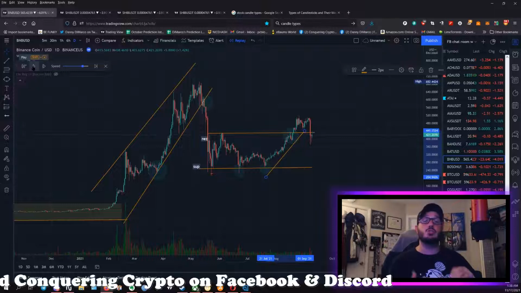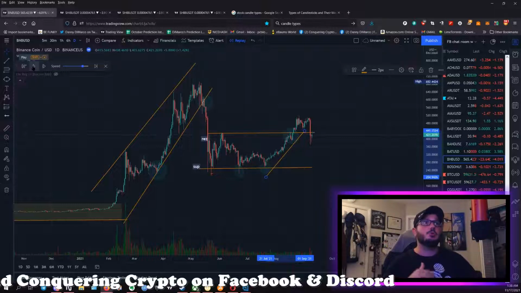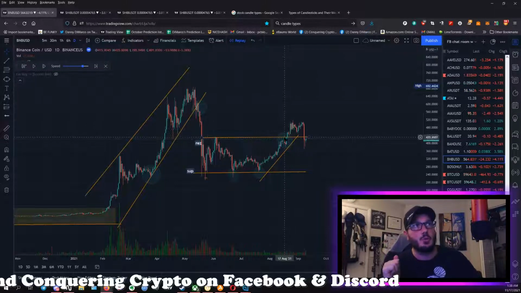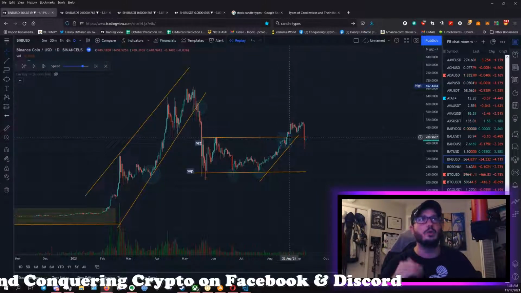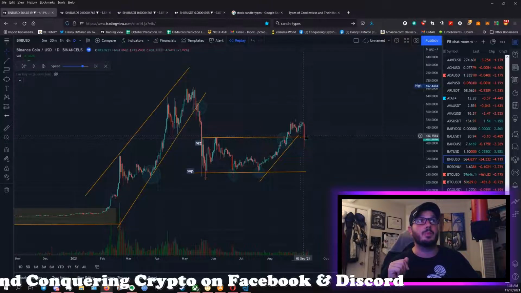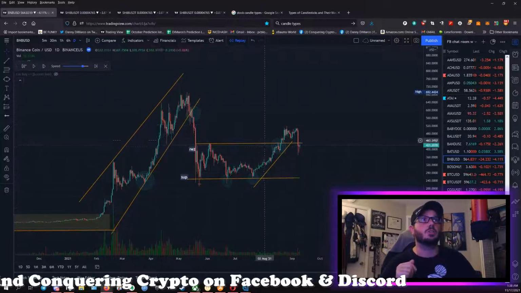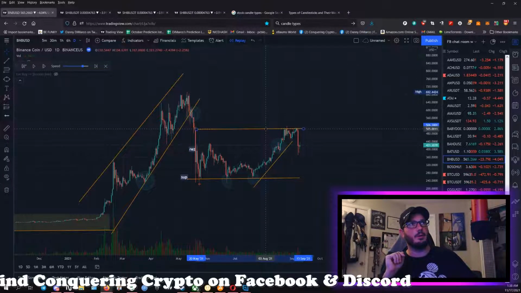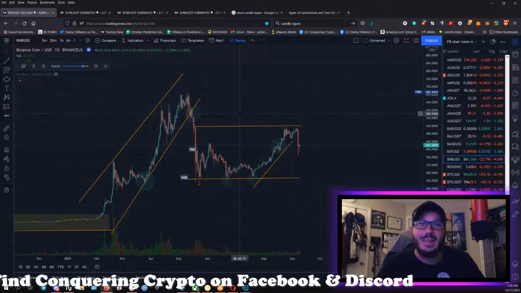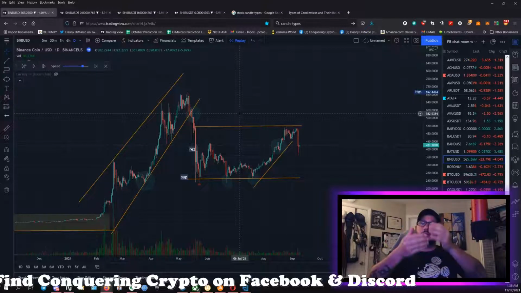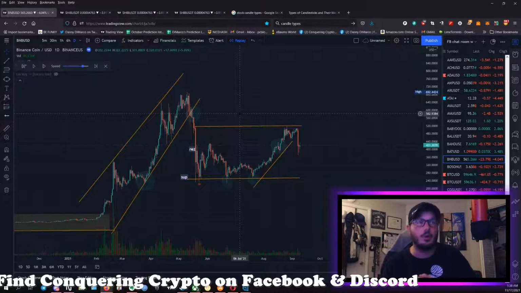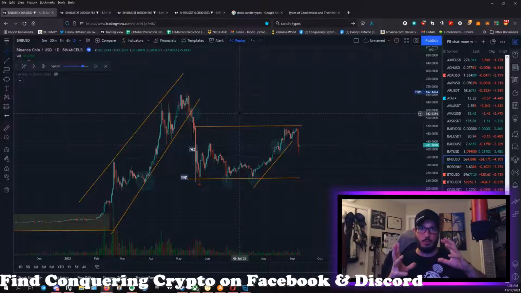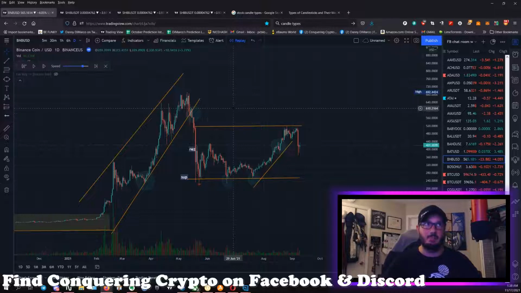Now we did just get back into the tunnel. So what happens at this point is a few things. If you placed an order here, if you didn't sell and you placed a new order, you can either get out here, or what we can do is say that is our new resistance area. Since it broke back into the pattern, all that happens is the consolidation tunnel gets bigger, since we are back into the pattern.